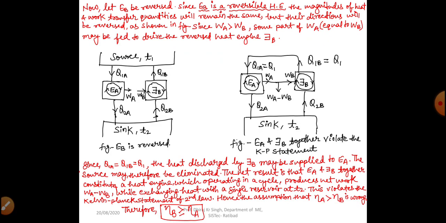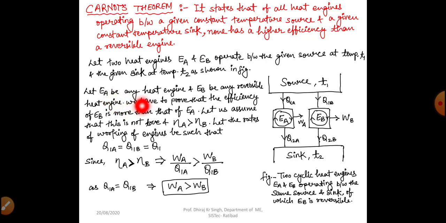So here, dear students, let EA be any heat engine and EB be any reversible heat engine. Clearly, EA is any heat engine and EB is a reversible heat engine. We have to prove that the efficiency of EB is more than that of EA. According to Carnot's theorem, the reversible heat engine efficiency will be greater than the efficiency of the other heat engine.